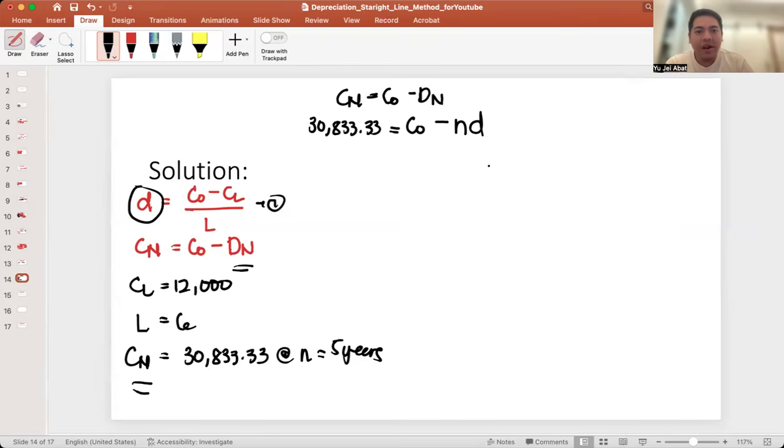Now, if we do that, we have 30,833.33 equals C sub O. Our N is 5.